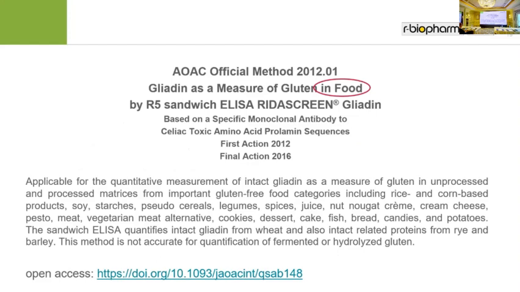the in-food application. So we showed with our method that it is able to detect gluten not only from rice and corn-based food samples, it is also able to detect gluten in other foods.